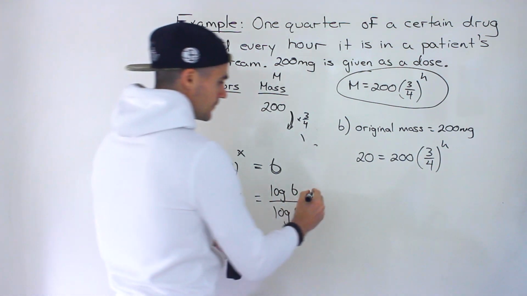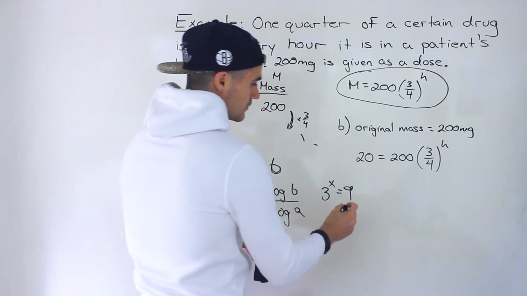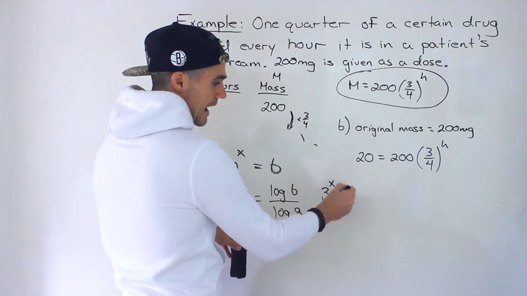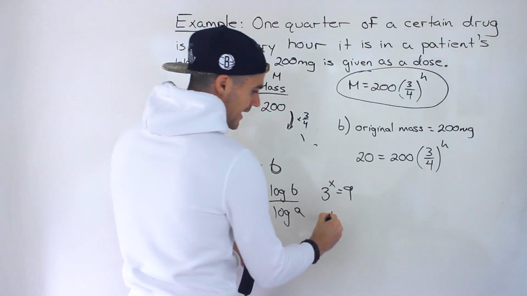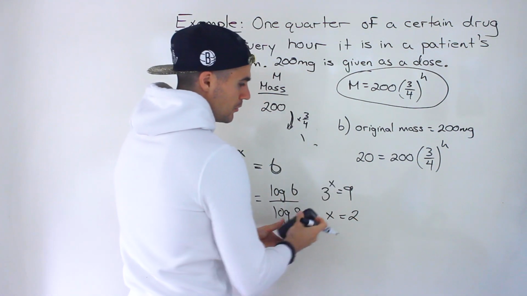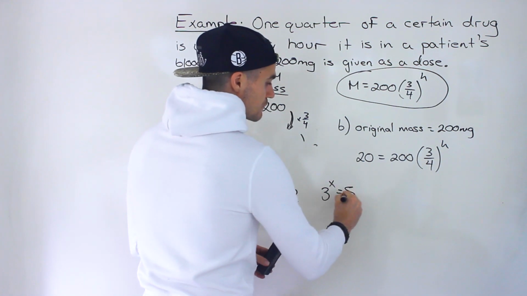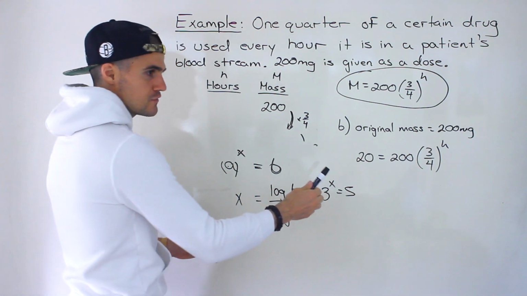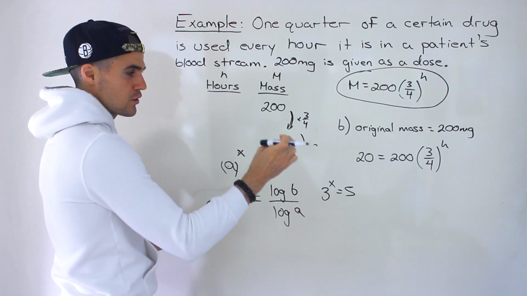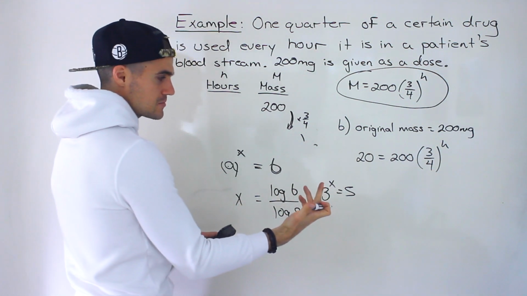So for example, let's say we had 3 to the power of x is equal to 9. Because 9 can be rewritten as a base of 3, we can tell that x is just going to be 2. But what if we had 3 to the power of x is equal to 5? We can't rewrite that 5 as 3 to the power of something, so this x value is going to be some kind of decimal.